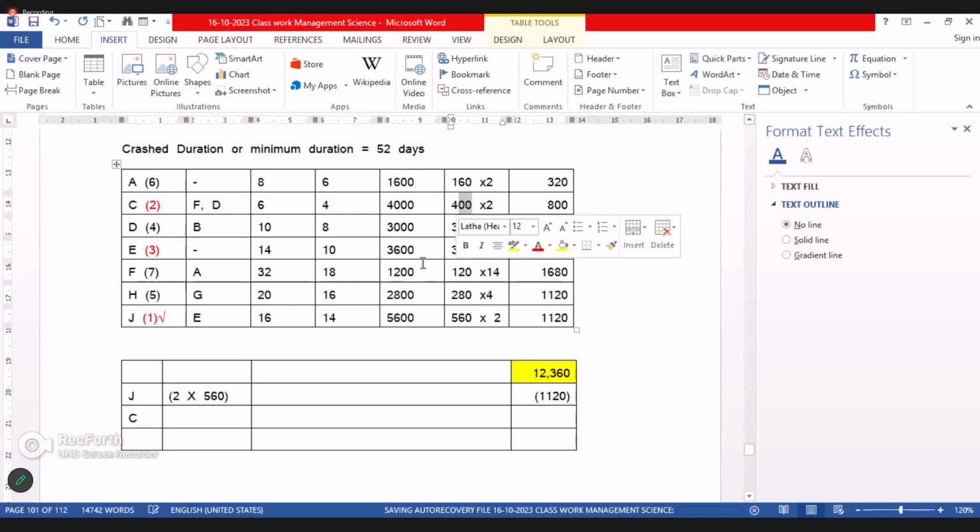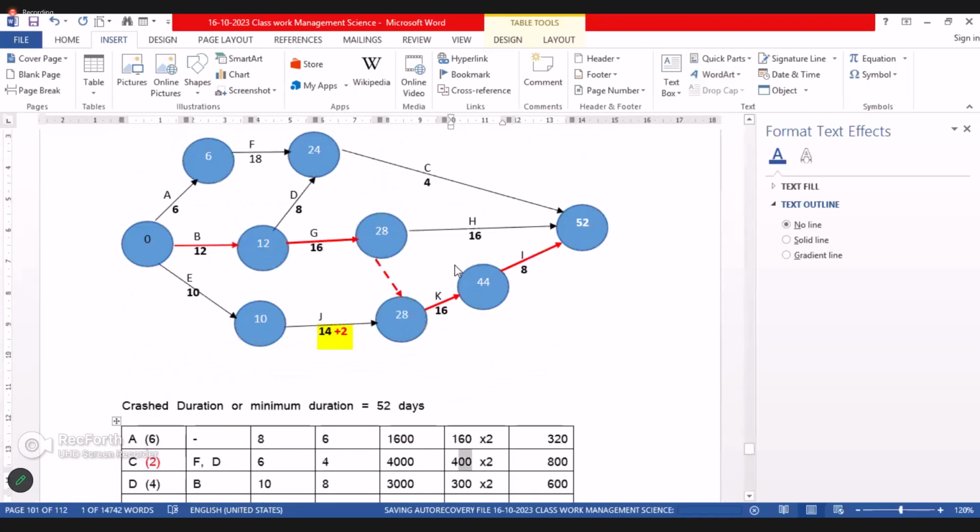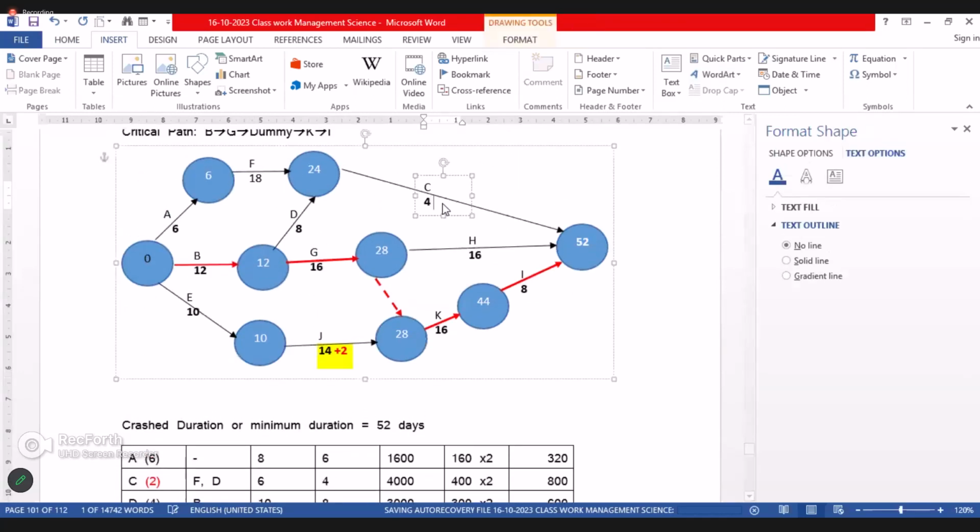Now look at C. We have reduced 16 to 6 days into 4 days. 2 days we have reduced. So now you see, if you add 2 days, what is the effect on project duration? Is there any effect? No.